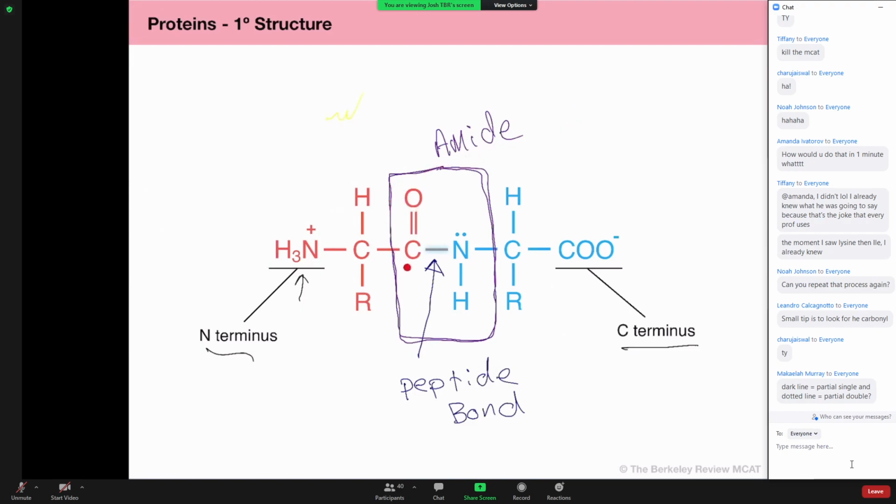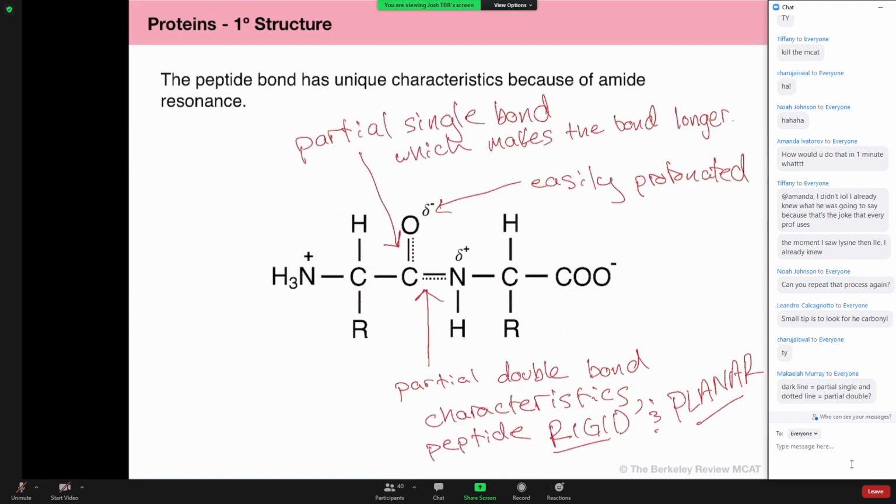Right, so you would normally write this out as the double bond here, okay? But it has a resonance with this peptide bond here, this carbon to nitrogen, right? And so you would say that this has a partial single bond, right? Just because it's normally written as a double bond, and that this would have a partial double bond, right? Because it's normally written as a single bond. Does that make sense, Michaela?